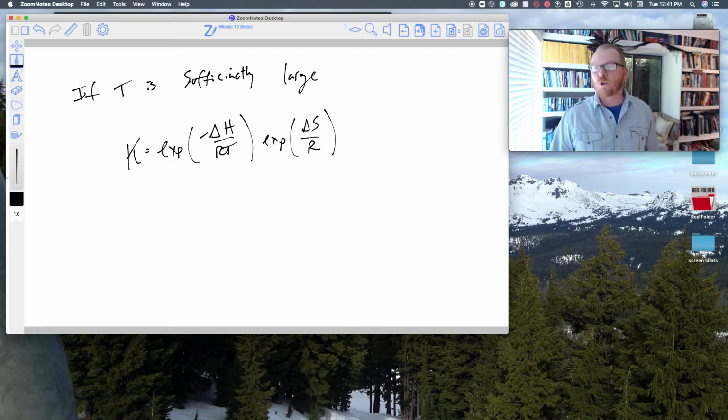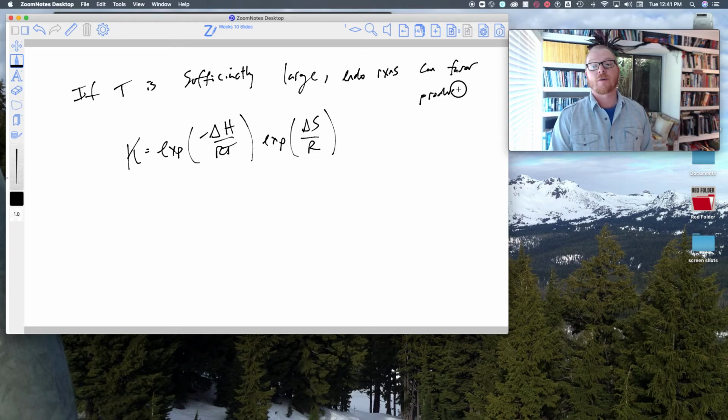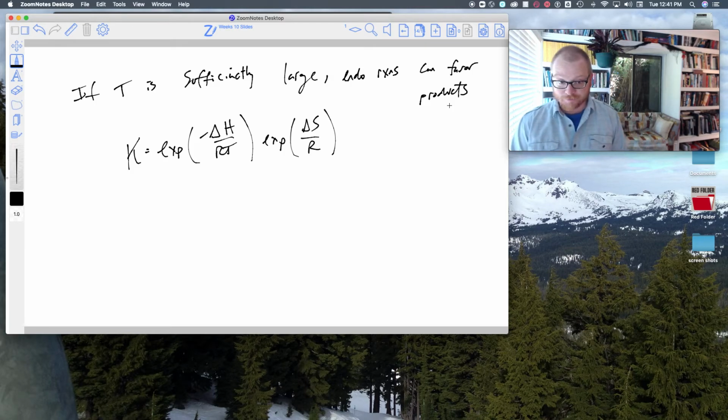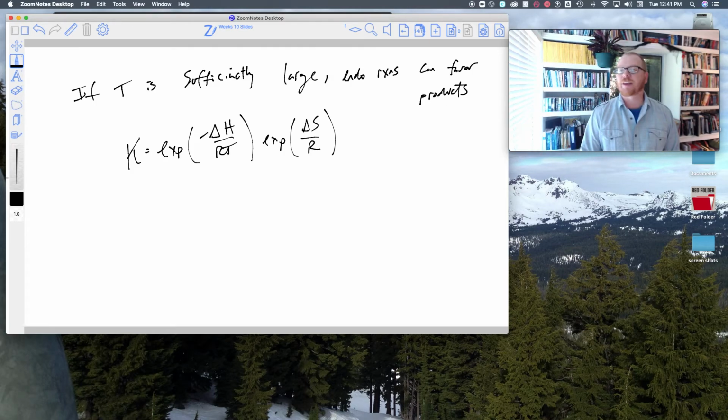So what's also cool about this, what this also establishes, so now we'll say if T is sufficiently large, endothermic reactions can favor products. So what about the other case? What about an exothermic reaction?